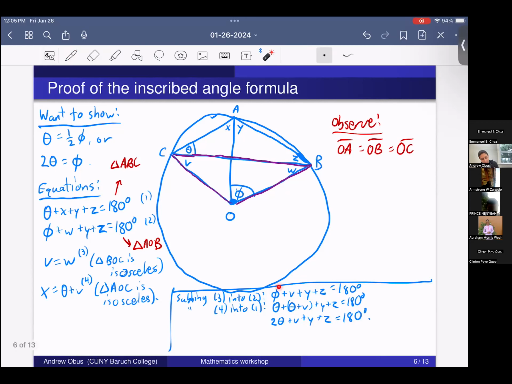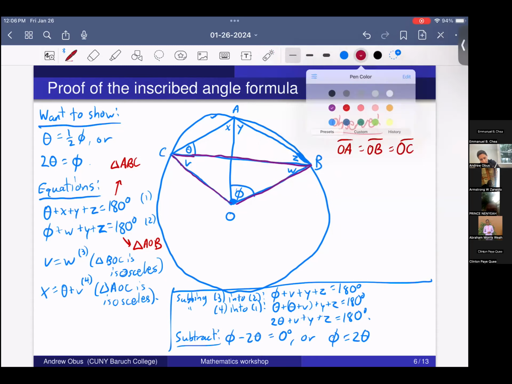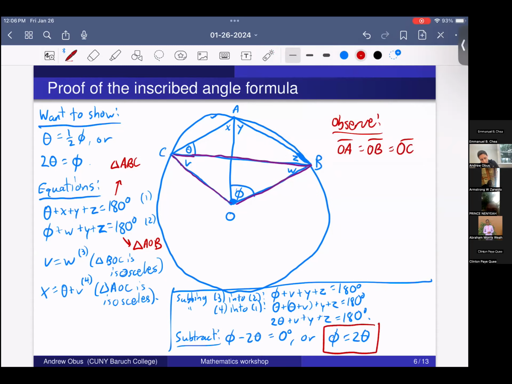And so what this tells us is that 2 theta has to equal phi, right? Or we could subtract the bottom equation from the top equation, and we get that phi minus 2 theta equals 0 degrees, or phi equals 2 theta. And this is exactly what we wanted to prove.